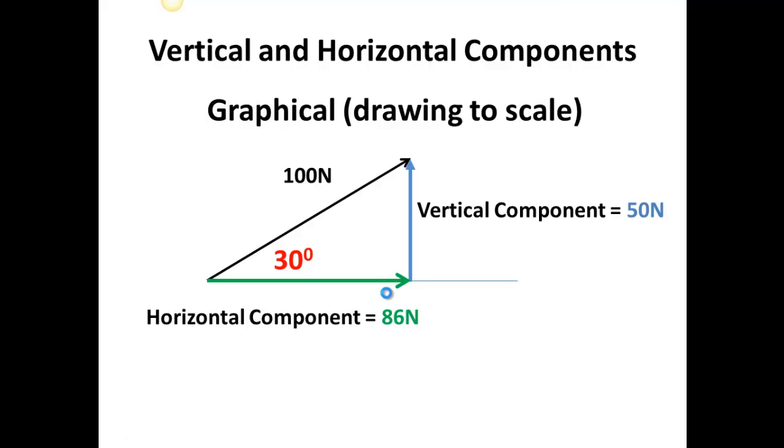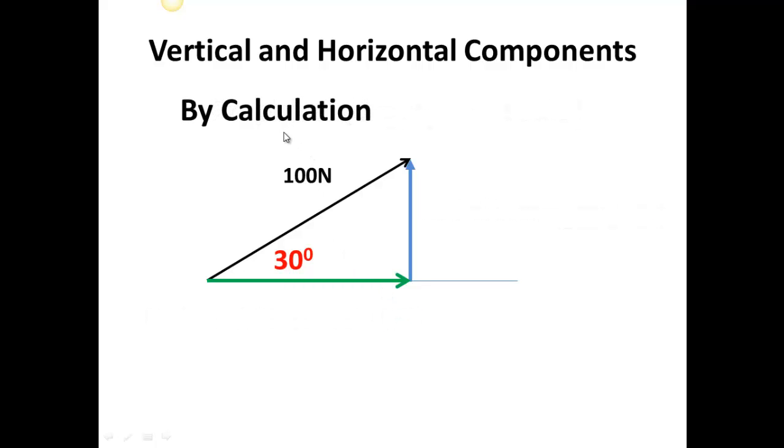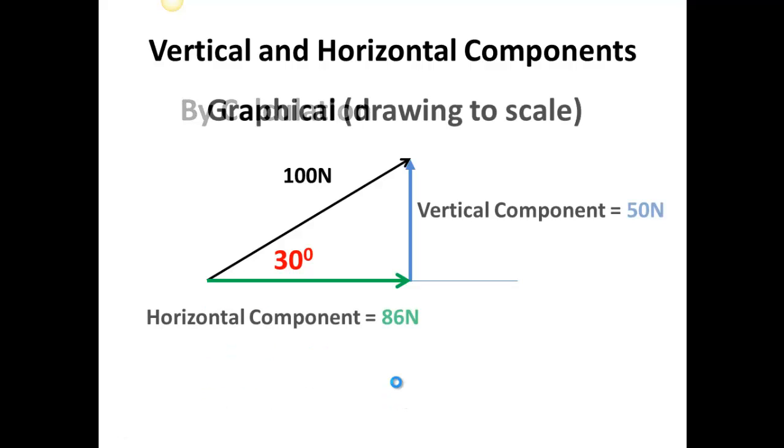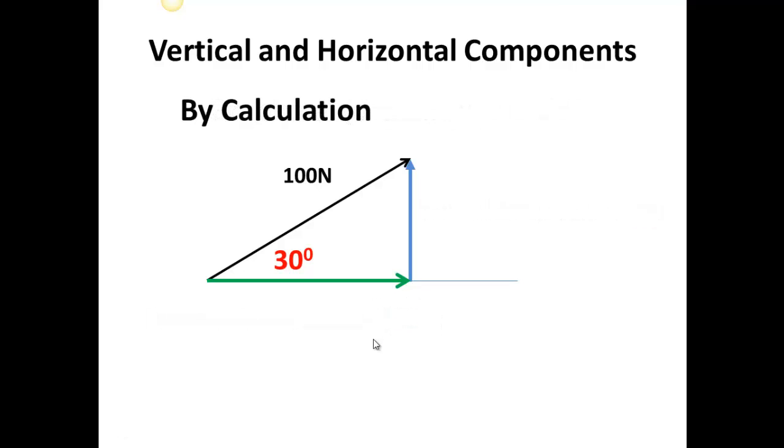Now, a more accurate way would be to do it by calculation. To find the horizontal is the cosine of this angle times the hypotenuse, so times this 100 newtons. So cosine of 30 times 100, 0.866 times 100 gives us 86.6 newtons. If we look back at what we measured by graphical means, 86 newtons.